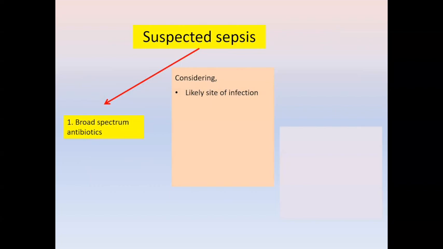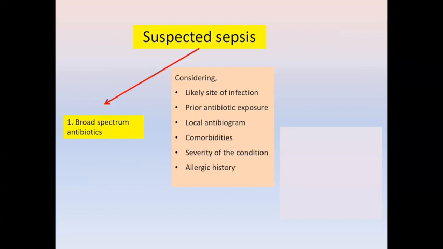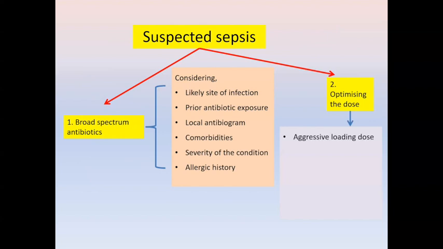And you have to consider the prior antibiotic exposure of the patient, and local antibiogram, because the sensitivity will be different in different hospitals, and comorbidities of the patient, severity of the condition, and allergic history. And then, of course, we have to optimize the dose with aggressive loading dose, and adjusting for obesity, renal function, and other conditions of the patient, and giving prolonged beta-lactam infusions.